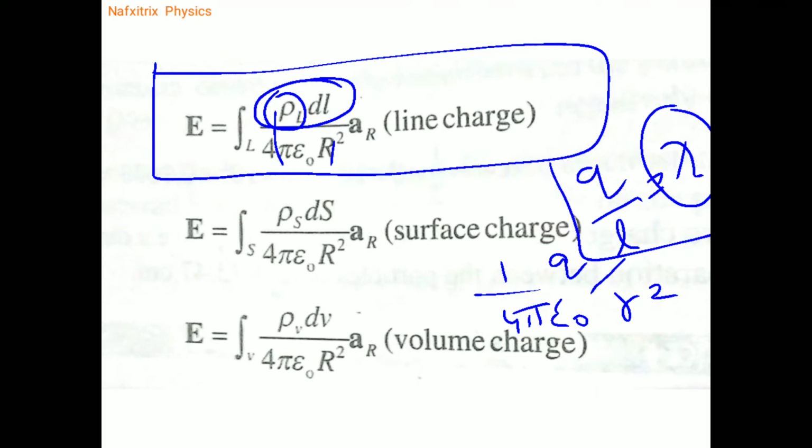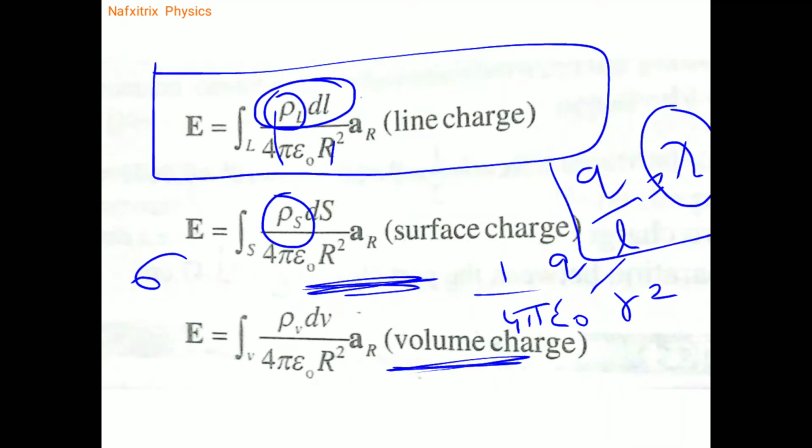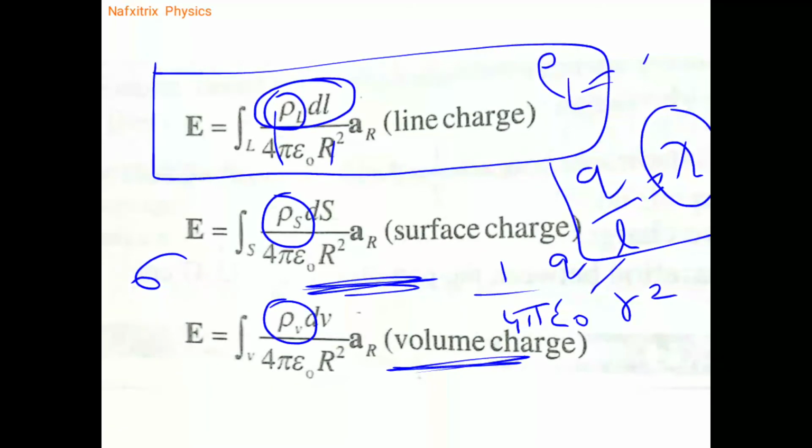That means length charge density. Surface charge density is actually sigma, but it is given as rho S, which is charge per unit area. This is for surface charge and this is for volume charge, indicated as rho V. So rho L is equal to lambda; the notations are different here.